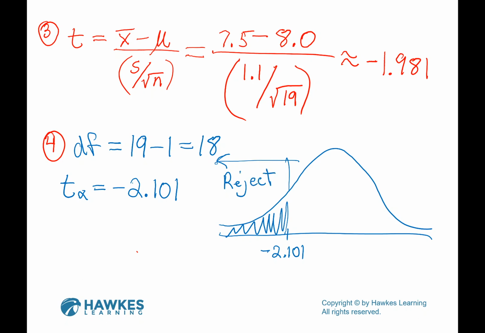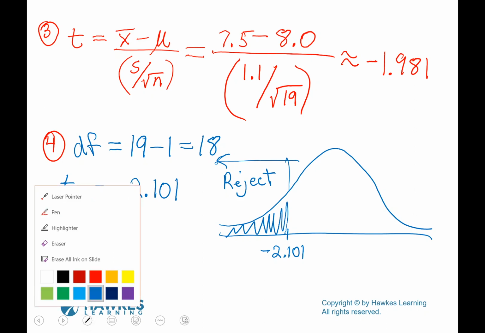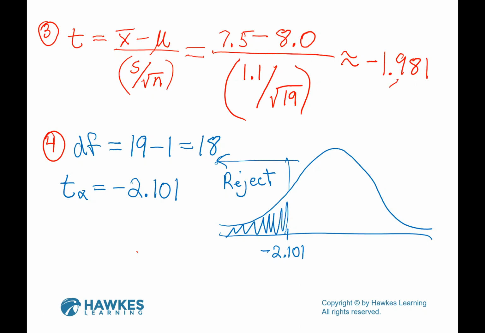If our test statistic is over here somewhere, we'll fail to reject. And this number is closer to 0 than negative 2.101, right? So it's going to be on the right side. That's exaggerated, but it's on that side. So we fail to reject the null hypothesis.